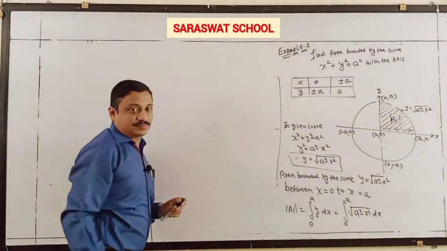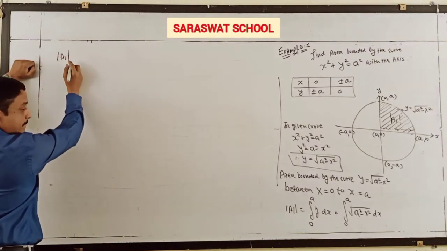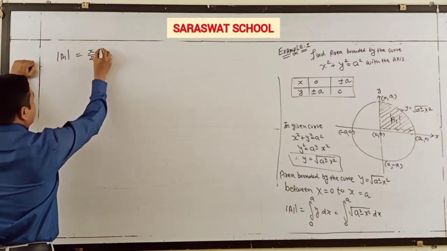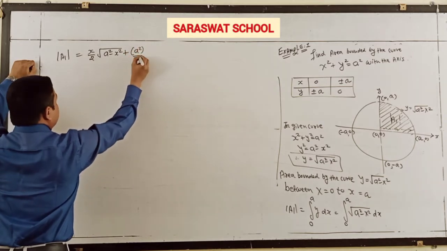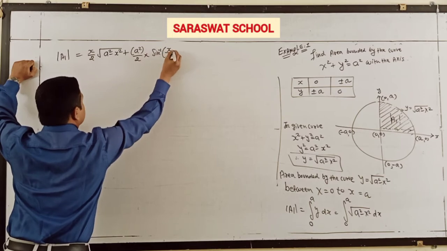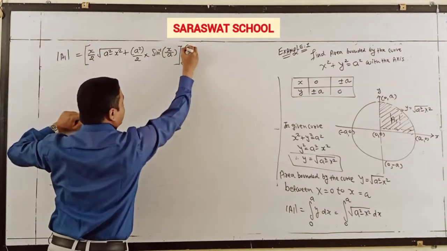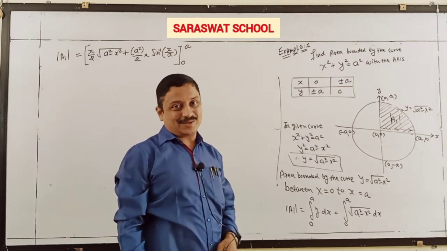Very easy. So your A1 area is x by 2 under root a square minus x square plus a square by 2 sine inverse x by a, with limits totally 0 to a. Now apply upper limit minus lower limit.